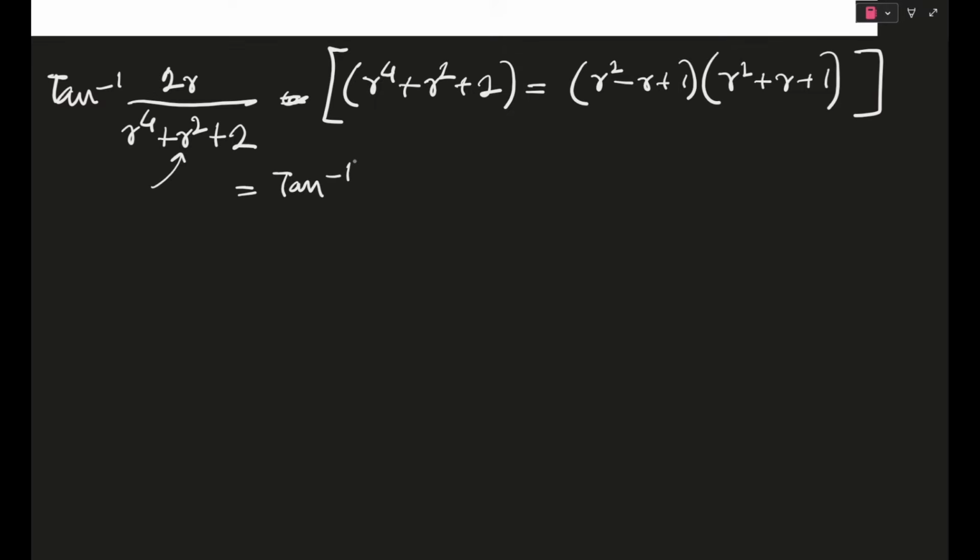Anyway, so we can actually write this thing as tan inverse of, this thing in the denominator can be factorized like this. And if you actually notice, this r square plus r plus 1 minus this thing, okay, first this bracket minus this bracket actually gives us 2r.